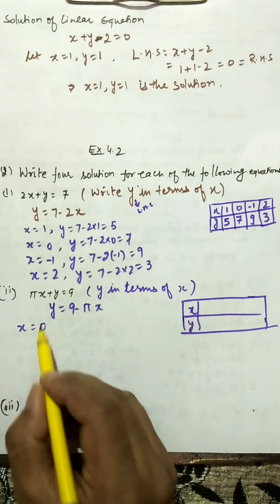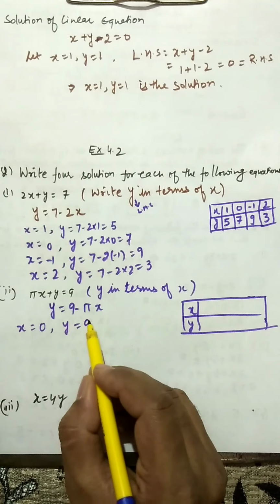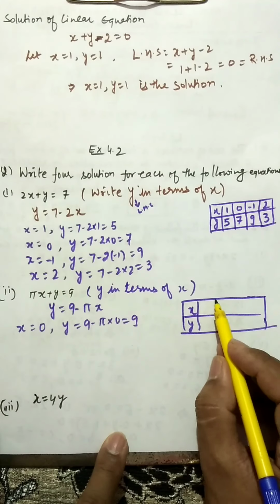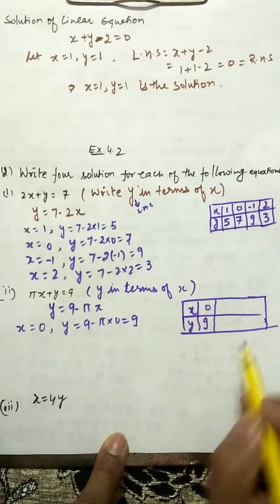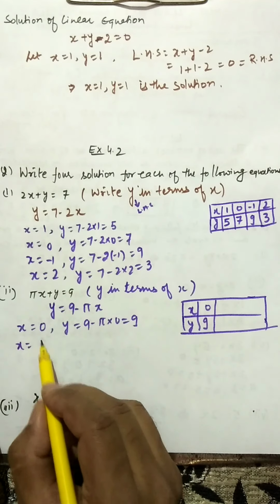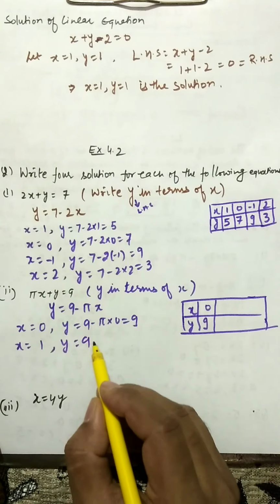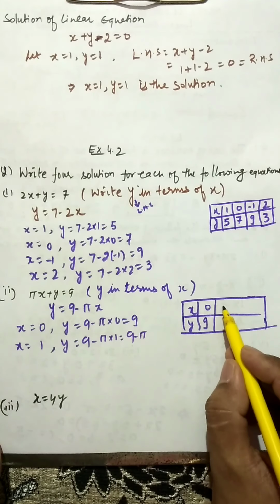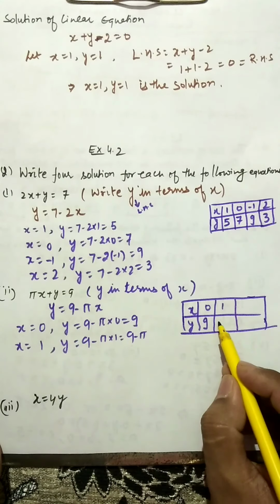Now x equal to 0 I put, then y equal to 9 minus pi into 0. So I am going to get this 9. So x equal to 0, then y equal to 9. We put x equal to 1, then y we are going to put 9 minus pi into 1, which is 9 minus pi. So x equal to 1, y equal to 9 minus pi. We'll write the answer in terms of pi.